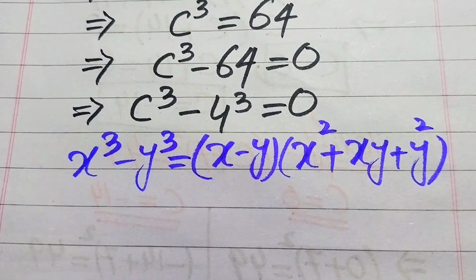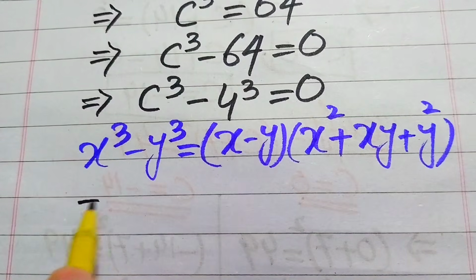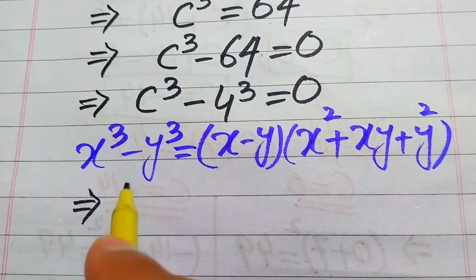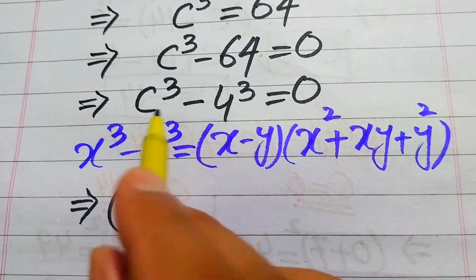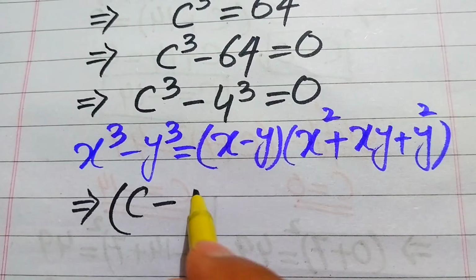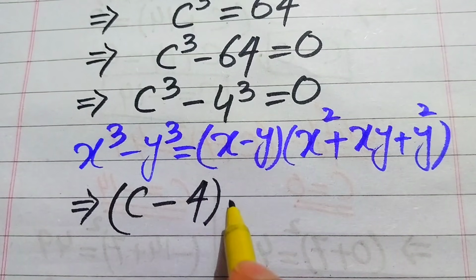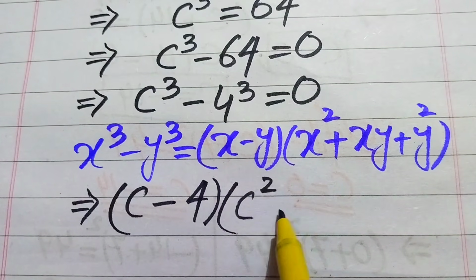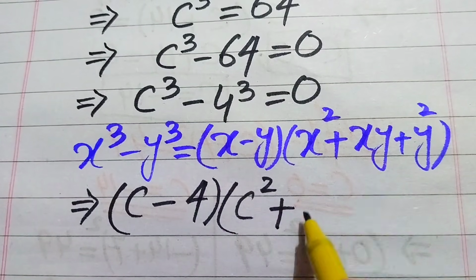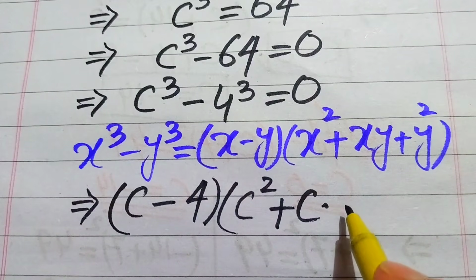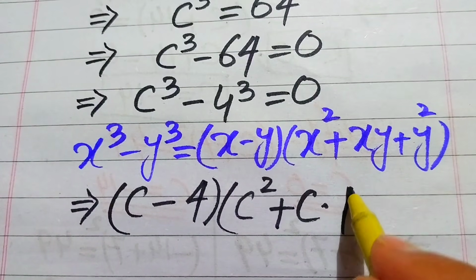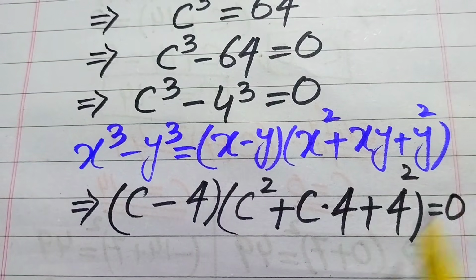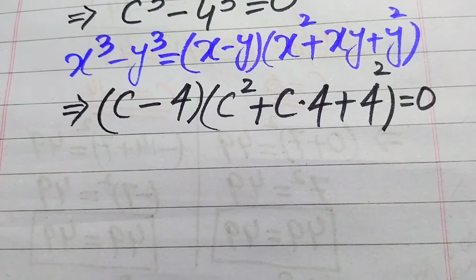So according to this rule, we expand the left hand side of the above equation as x minus y, the value of x is c and the value of y is 4, into x squared, that is c squared, plus xy, that is c into 4, plus 4 squared, and this whole equation is equal to 0.